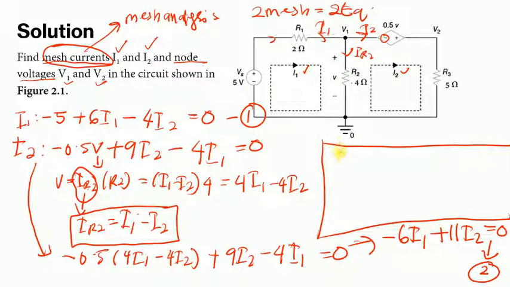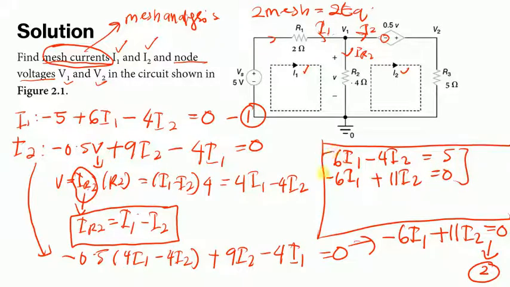When you simplify, 6 I1 minus 4 I2 equal to 5, and the other one is negative 6 I1 plus 11 I2 equal to 0. You can add these two to eliminate I1, and then you get 4 plus 11, so 7 I2 equal to 5.